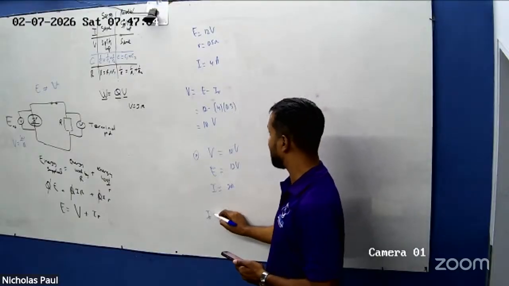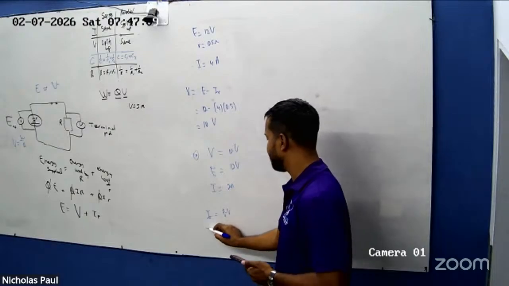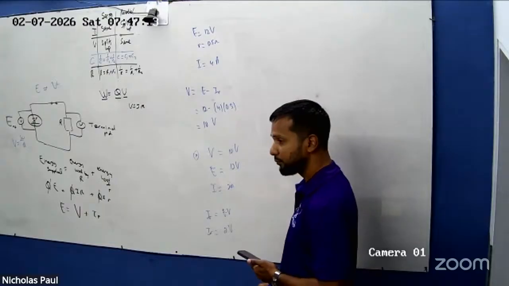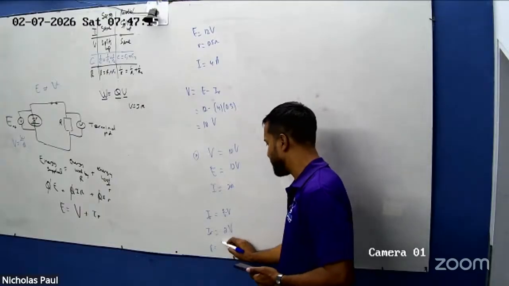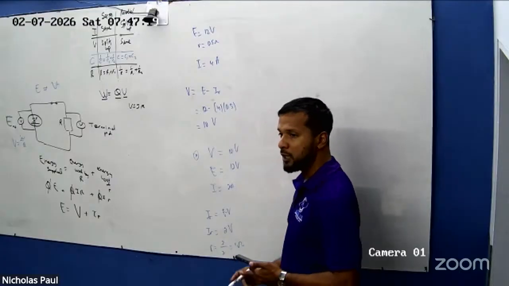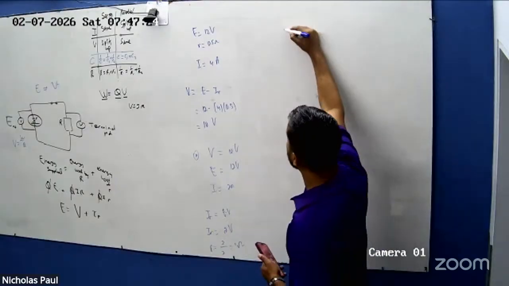So you should have IR equal to E minus V. I got IR to be 12 minus 10, 2 volts. So R is how much? 2 over 2, 1 ohm. Right. How do we find power loss?